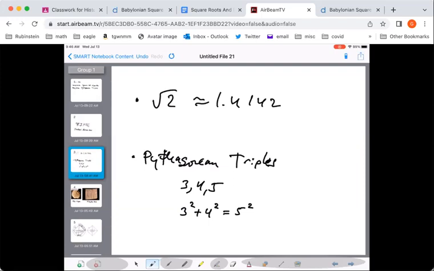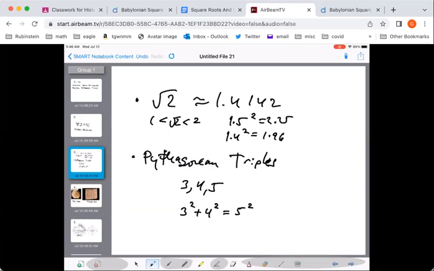If you had a basic calculator, maybe you would say, okay, well, square root of 2, I know it's between 1 and 2. So I try 1.5, but 1.5 squared is 2.25, which is too big. So you say, okay, I'll try 1.4, and 1.4 squared is 1.96. Okay, that's too small.